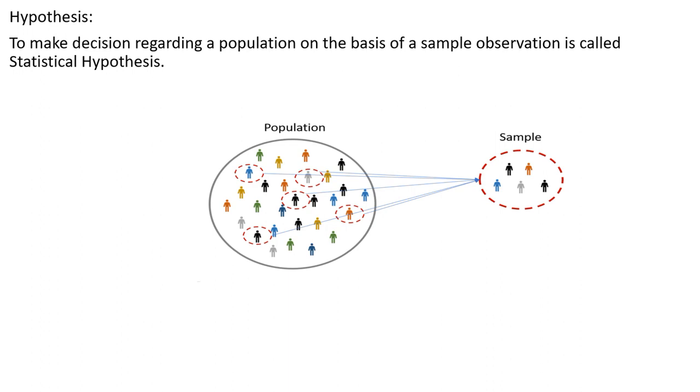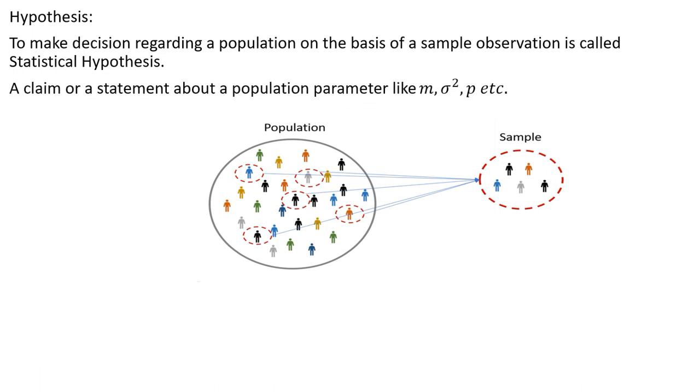So whenever we have a population and we take a sample of certain size, reasonably big, and from that sample we can take some decision on the population, then that decision is called hypothesis.